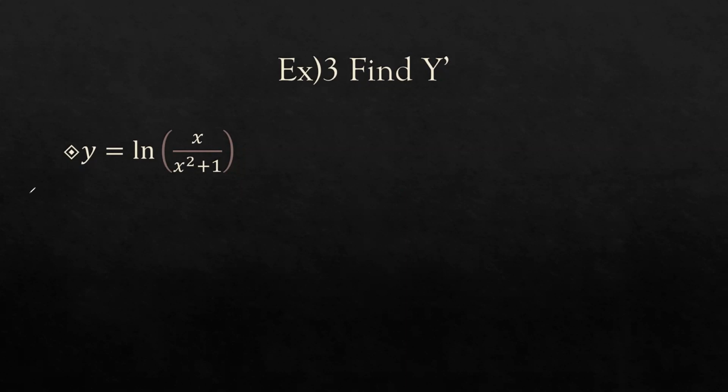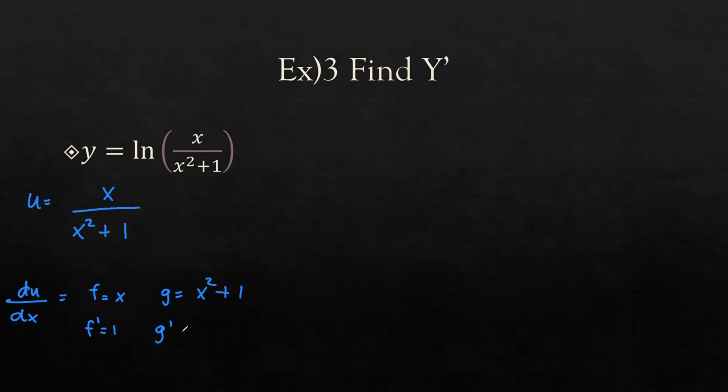First I'm going to figure out what my u is. My u is the parentheses, so my u is x over x squared plus 1. du dx, you have to apply the quotient rule. So my f is x, and f prime is 1, and my g is x squared plus 1.